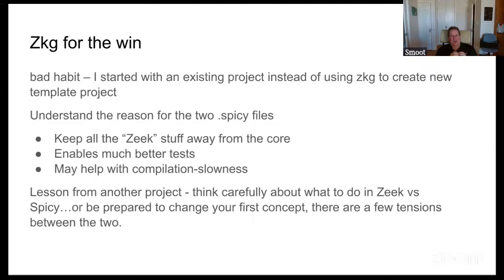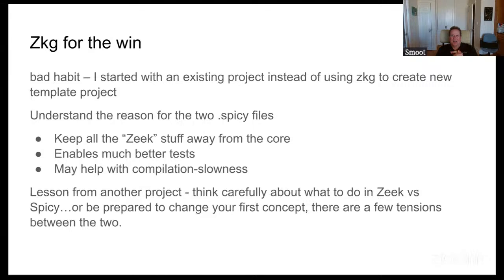And if your code can only run with Zeek reading from the network, it's way harder, right? So it's much better to do that. It also can help with compilation. If you don't need the Zeek stuff, you can compile a lot less code. It can be faster. You just have a faster development loop.